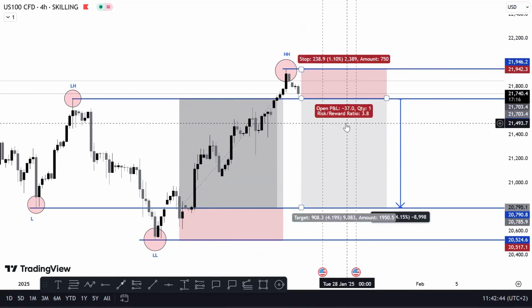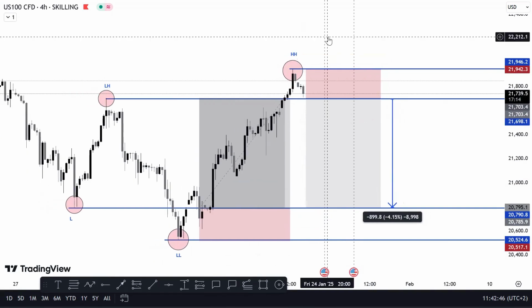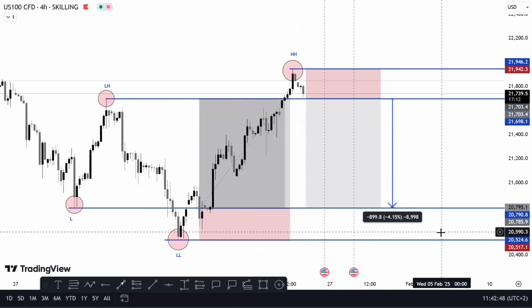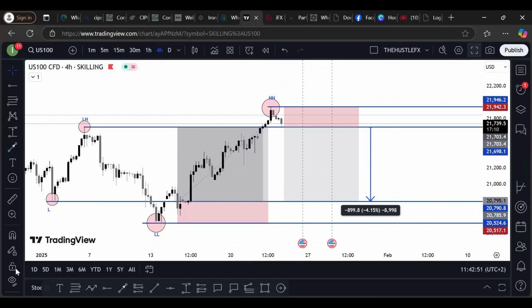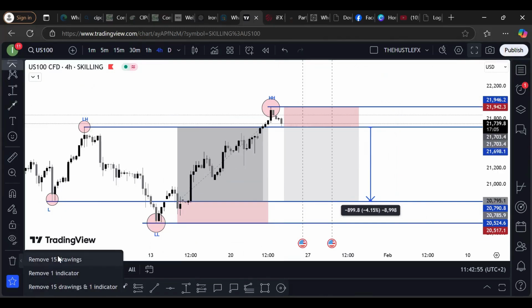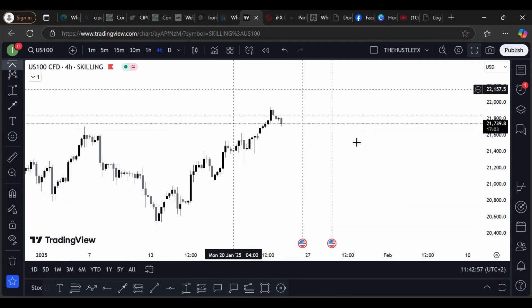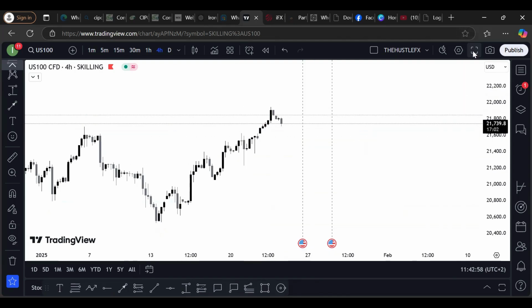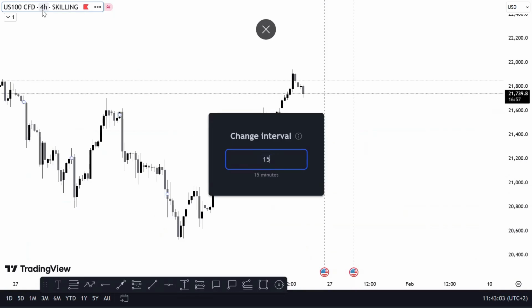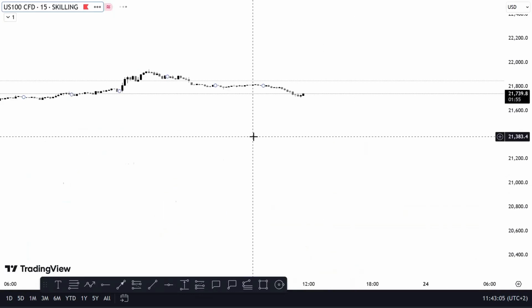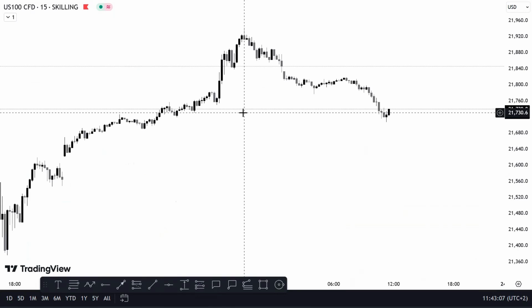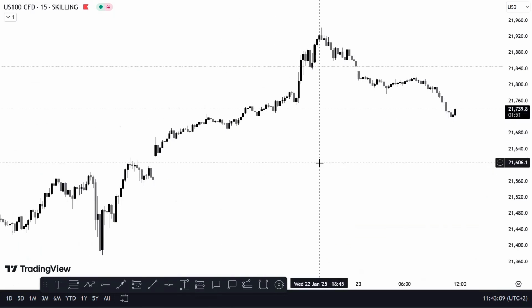So let me try to delete this just to show you. And then we can go back, and then we can say M15, 15 minutes. Let me reset the chart quickly. Yes.